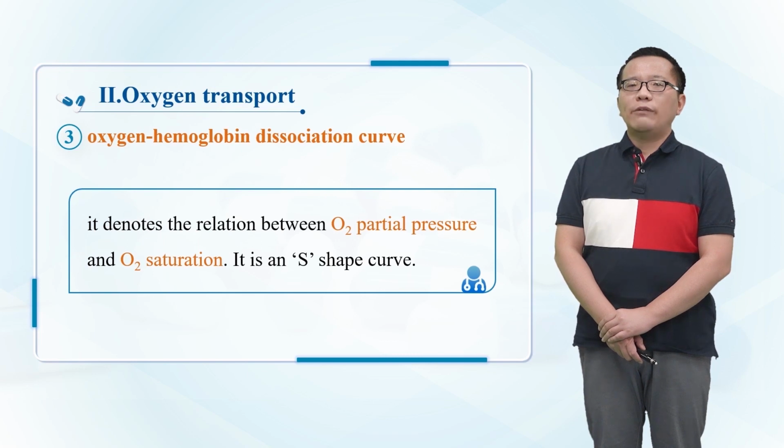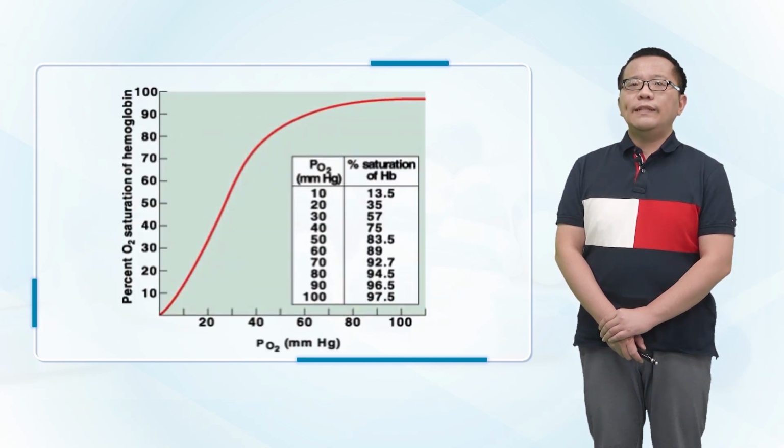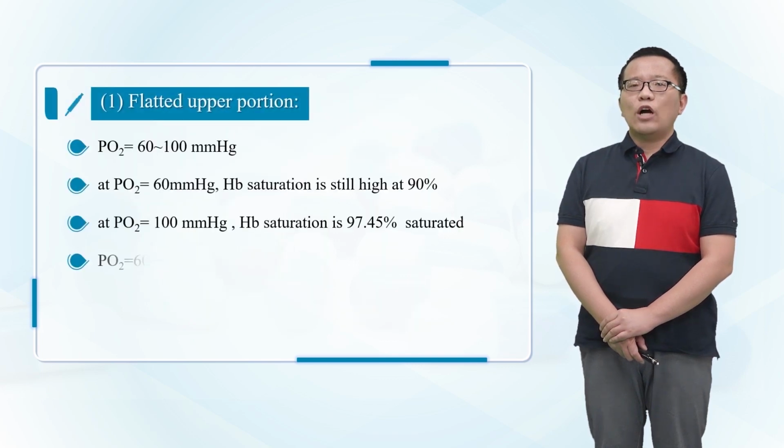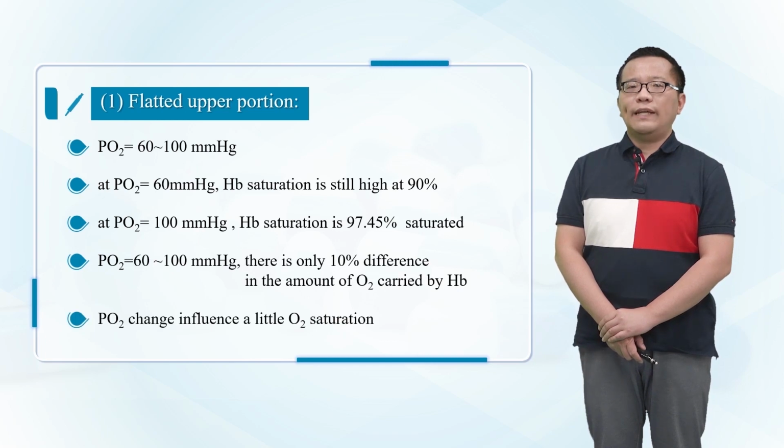Now we will talk about the oxygen hemoglobin dissociation curve. It denotes the relation between oxygen partial pressure and oxygen saturation. It is an S-shaped curve like this. This curve has the following characteristics.